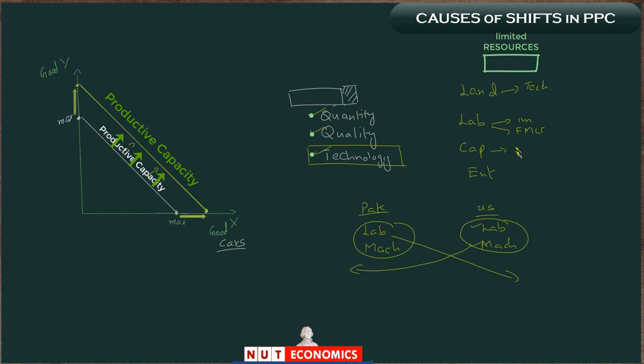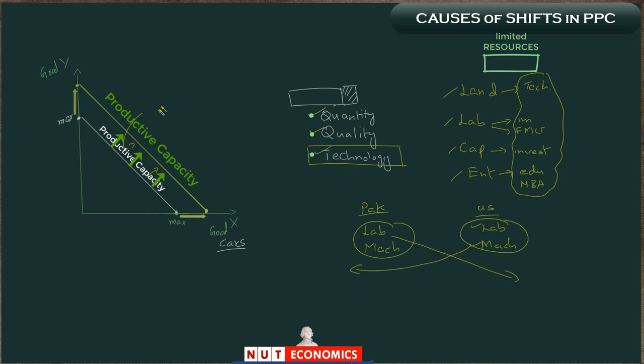Similarly, capital, we said you can invest and make more capital. And entrepreneurs, the government can invest more in education, give more MBA degrees to people and offer more startup loans to entrepreneurs and so on and so forth. So all of these policies over here, which will eventually either improve the quality or quantity of your resources, will cause an outward shift of your PPC.